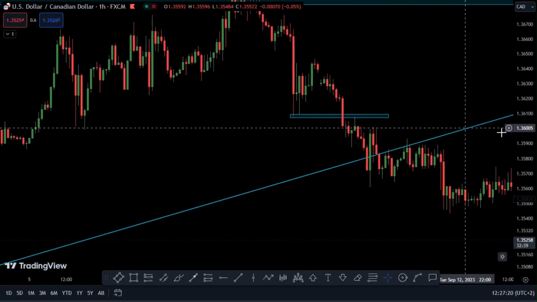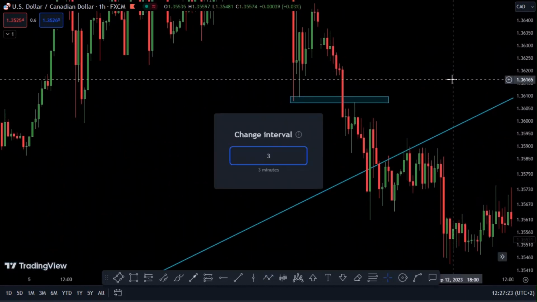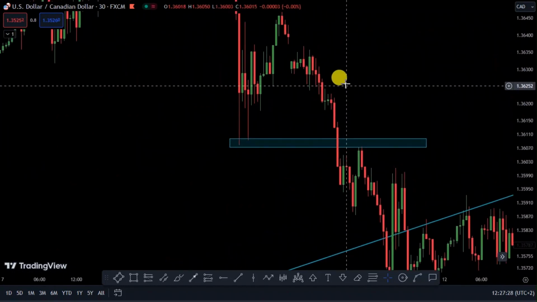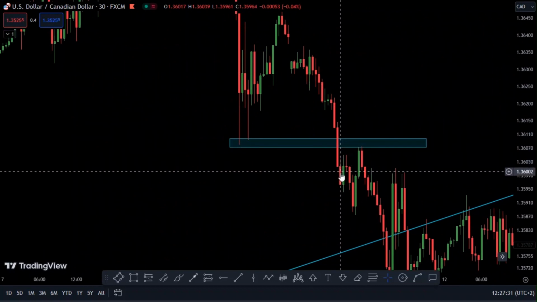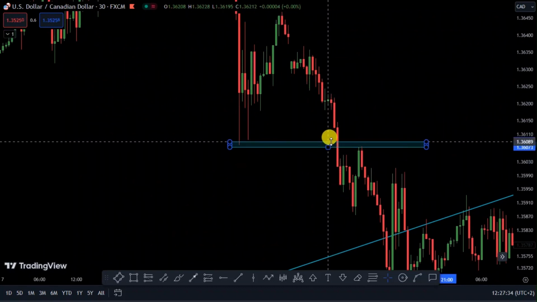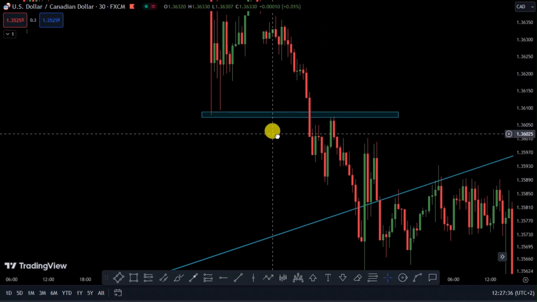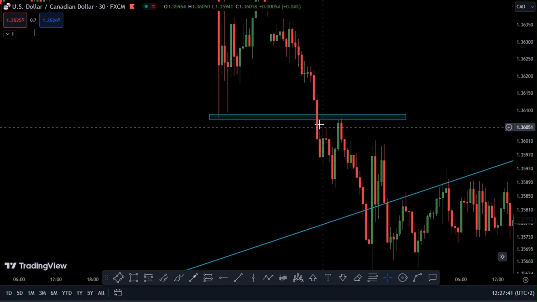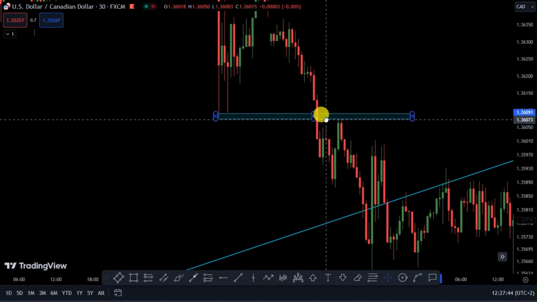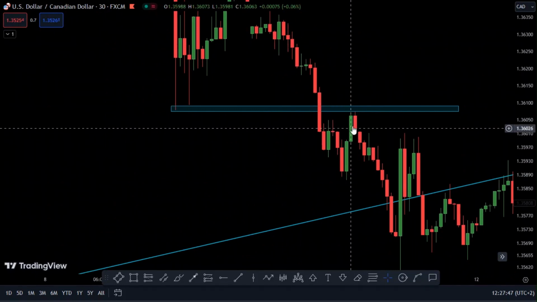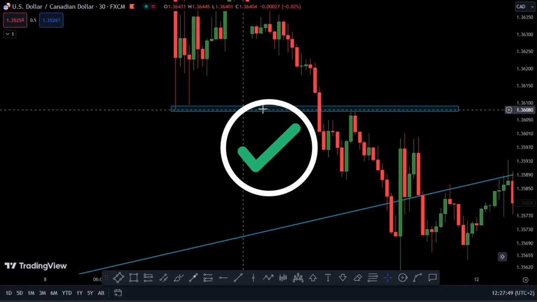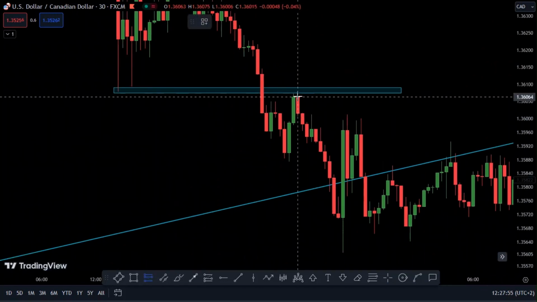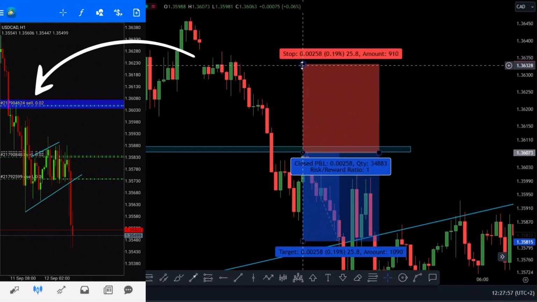I decided to take this risky trade because when I went to a 30 minutes time frame, I was able to see a strong push to the downside. So I waited for a retest. The first pullback didn't qualify as a pullback, and then this one really touched this sensitive zone. That's when I entered my first selling opportunity.